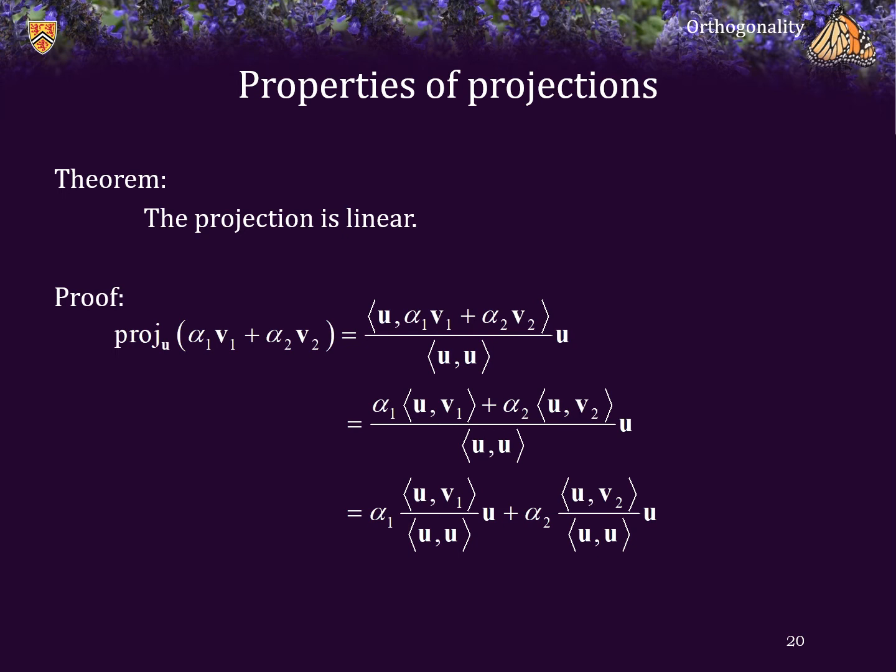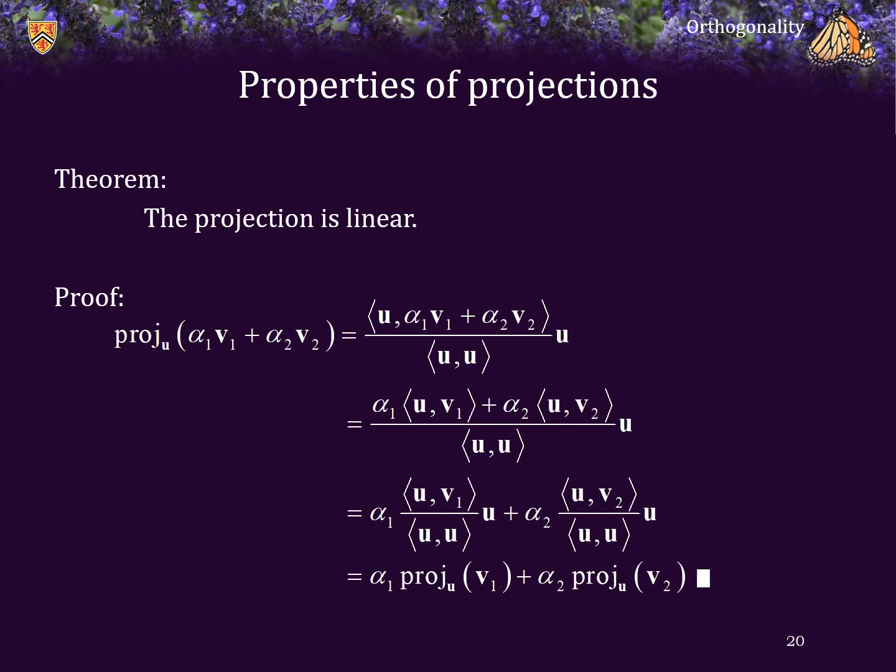Similarly, the second term is alpha 2 times the projection of v2 onto u. So therefore, the projection of a linear combination of vectors onto u is equal to that same linear combination of projections of those vectors onto the vector u.